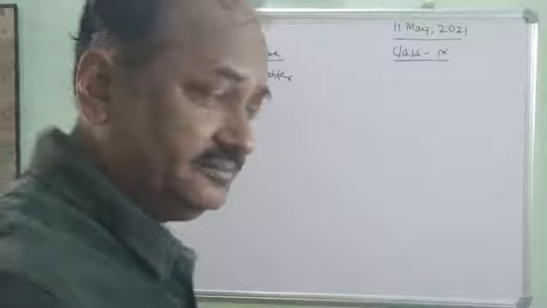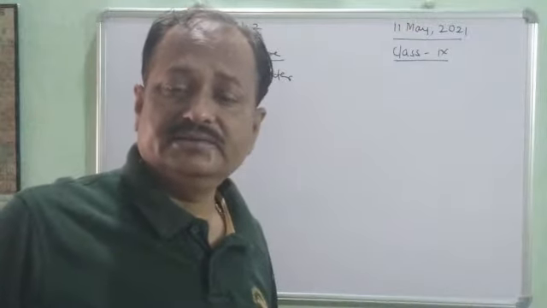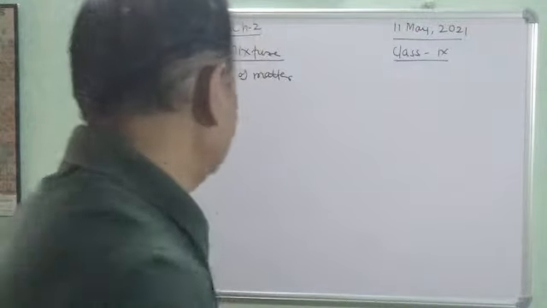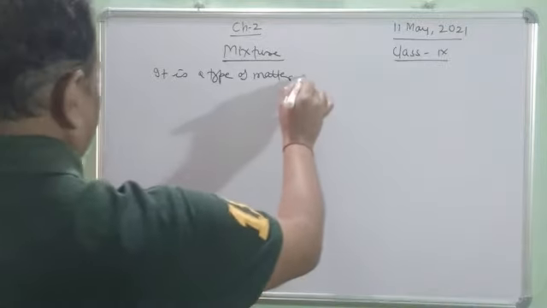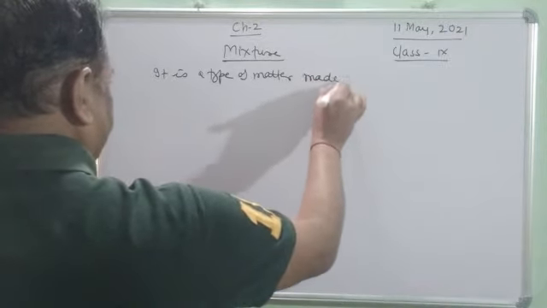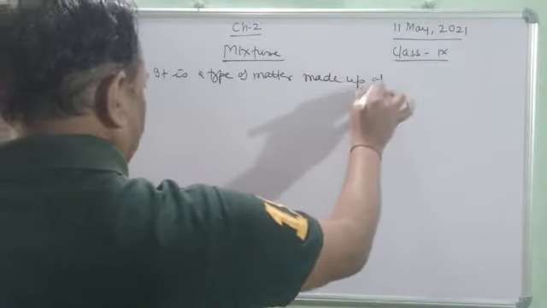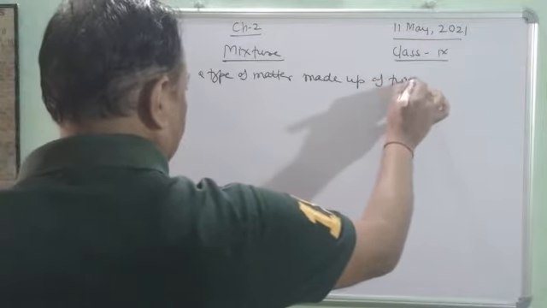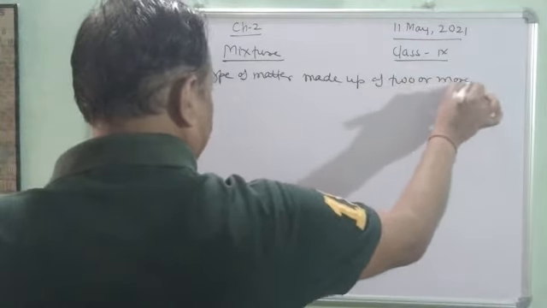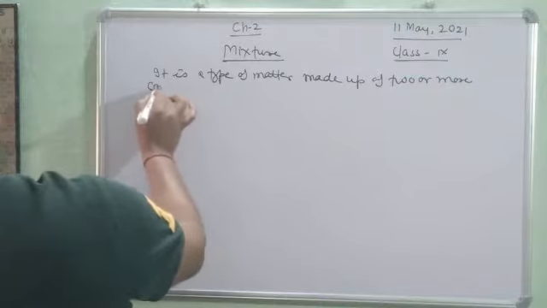It is a form of matter because it has mass and it has volume. It is a type of substance made up of two or more components.